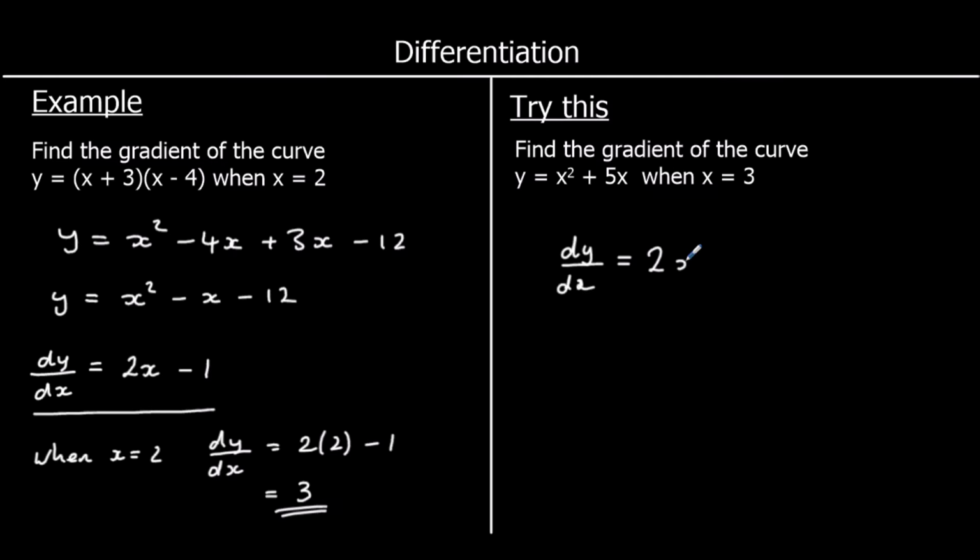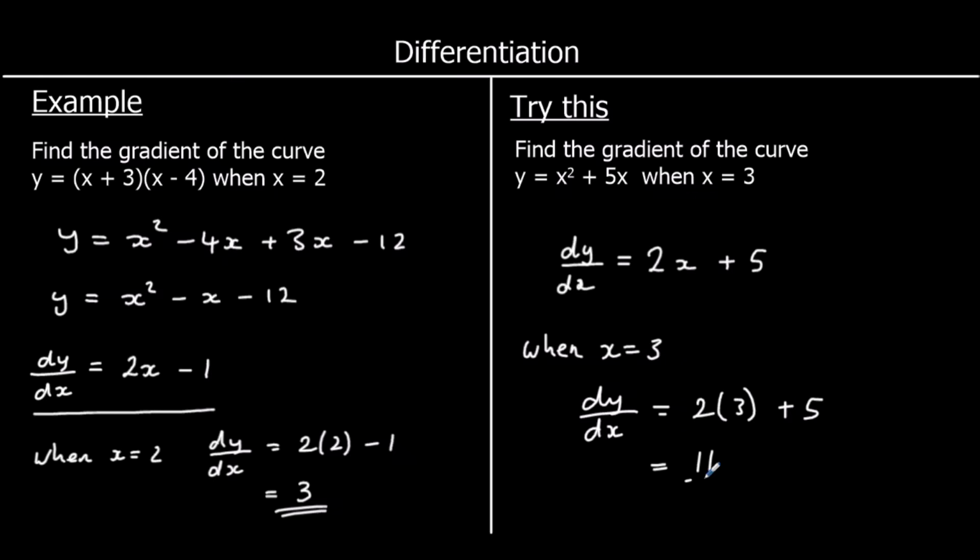We've got 2x, and the gradient of 5x is just 5. So our gradient function, dy/dx, is 2x plus 5. So when x is 3, dy/dx is 2 times 3 plus 5. 6 plus 5 is 11.